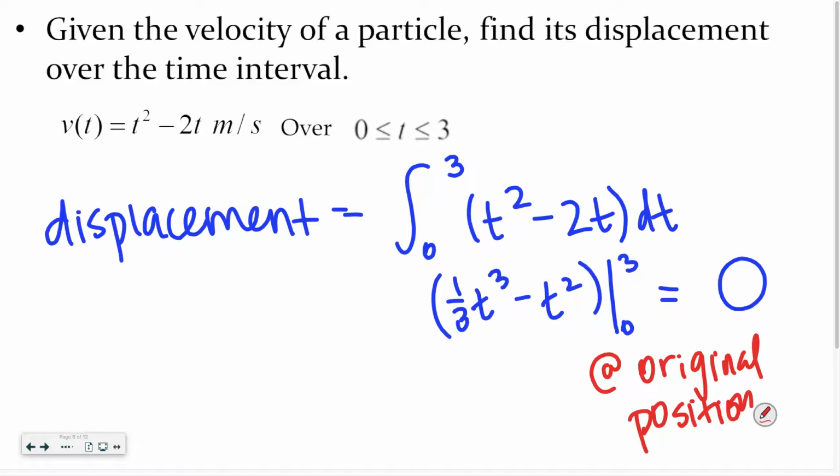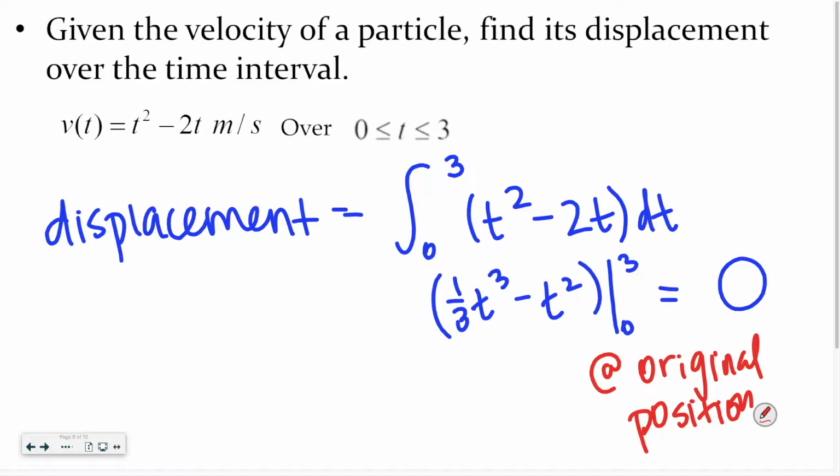Now, did this particle just not move at all? We would know that it moved because if we plug in numbers between 0 and 3, aside from 0, we're going to get values for velocity. So we know that it's moving.